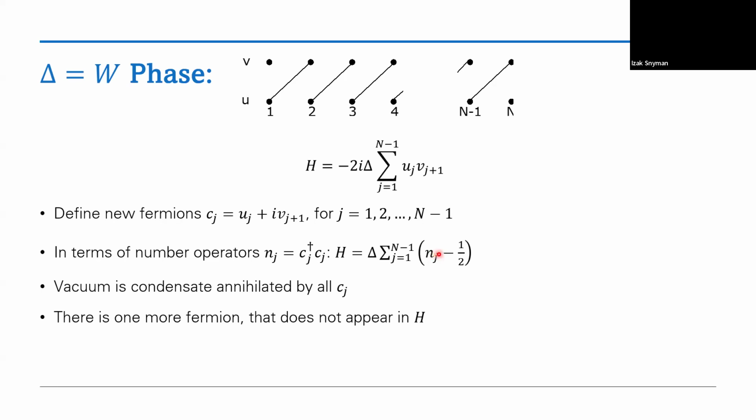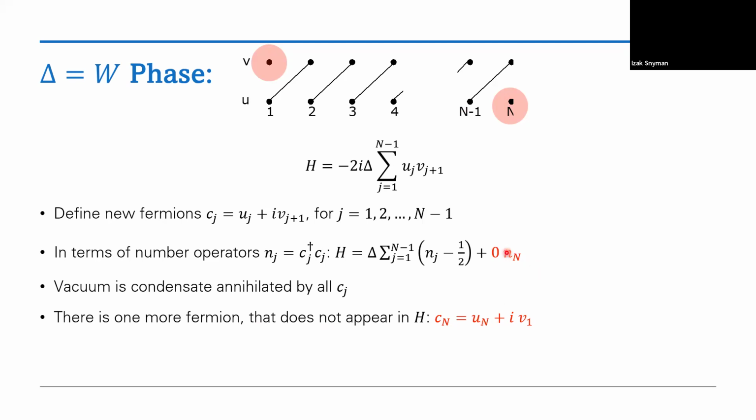So occupying any of these fermion orbitals costs an energy delta. But there's one fermion that doesn't appear, right? We've got these two operators at opposite ends that we haven't used. So we can find one more fermion, and it doesn't appear in the Hamiltonian.